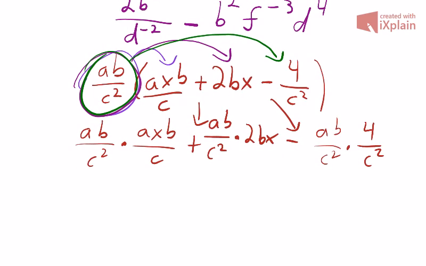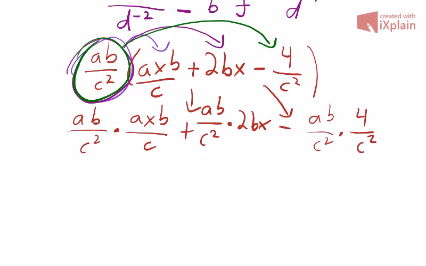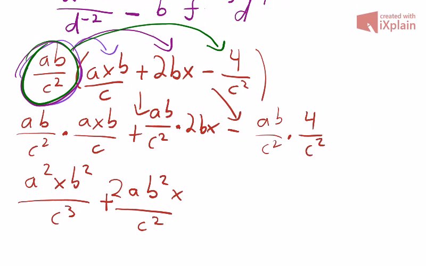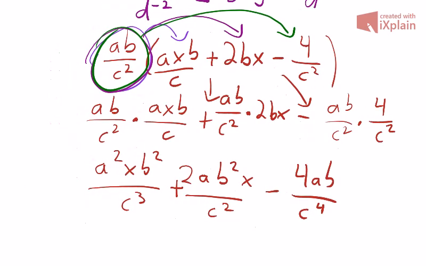So just doing this very quickly, what I'm going to end up with is a squared xb squared over c cubed plus a b squared x, there's a 2 there, over c squared minus 4ab over c to the 4th. And what happened there?